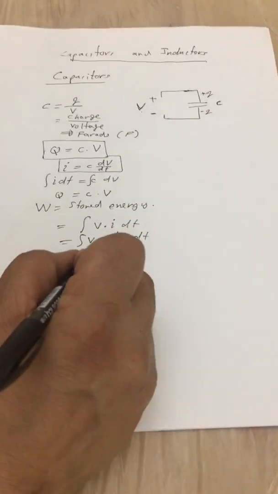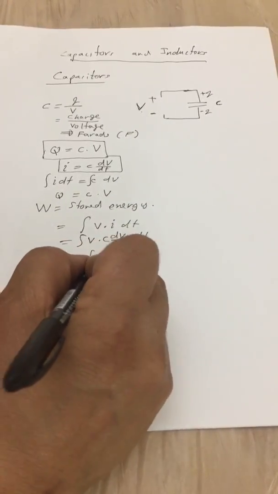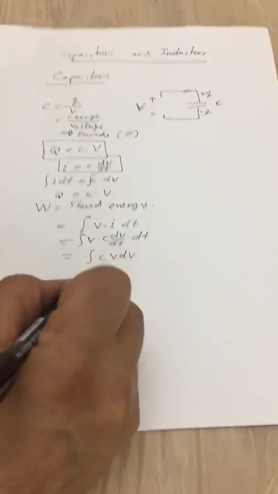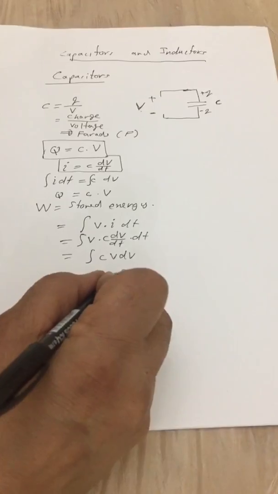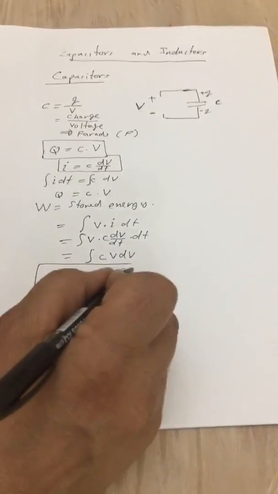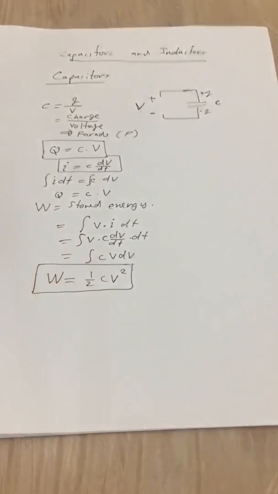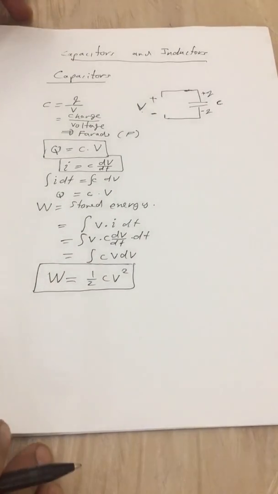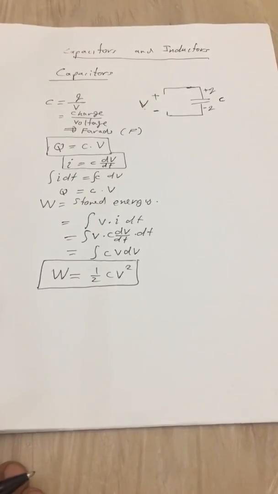This will give you the integration of C V dV, so it will be half C V squared. So the energy stored in a capacitor will be half C times the voltage squared.